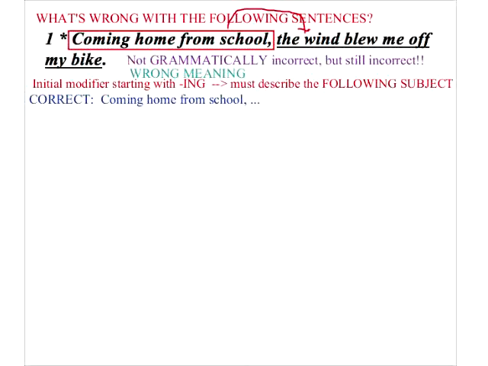You need to have I was, because you need the subject that was actually coming home from school. So, I was blown off my bike by the wind. Notice that in this case, if you're going to use this modifier, you actually have to use a passive voice construction to make it work, because the only way to put I in the subject position here is to use the passive.